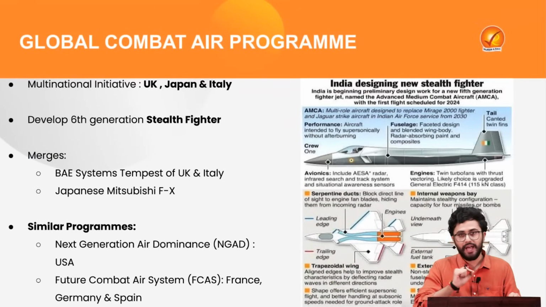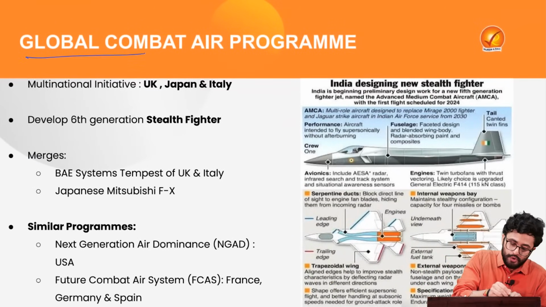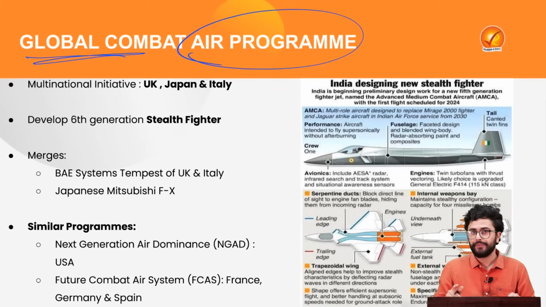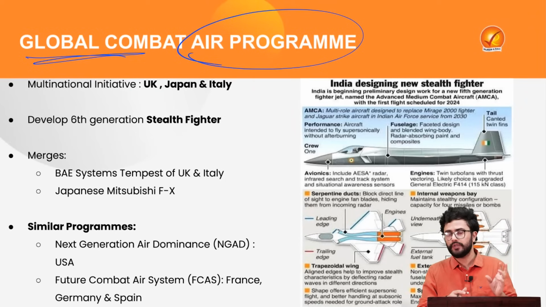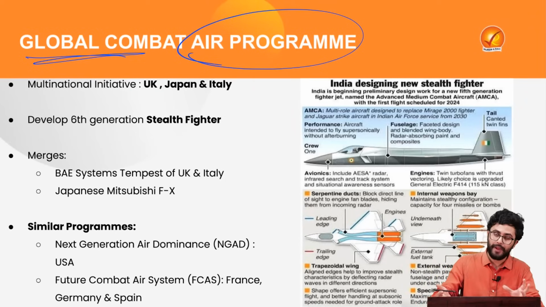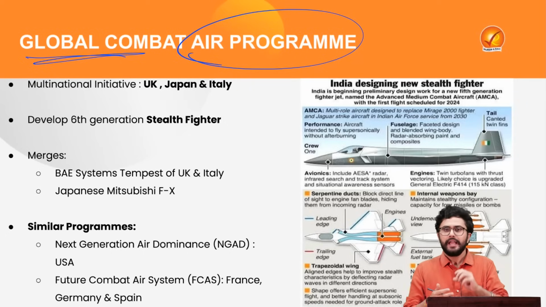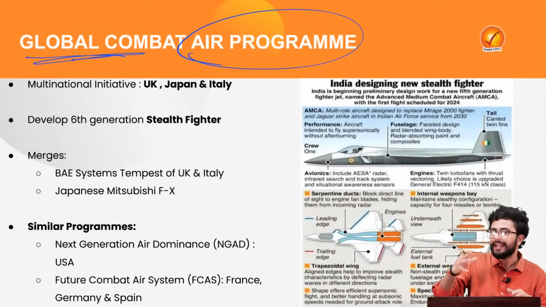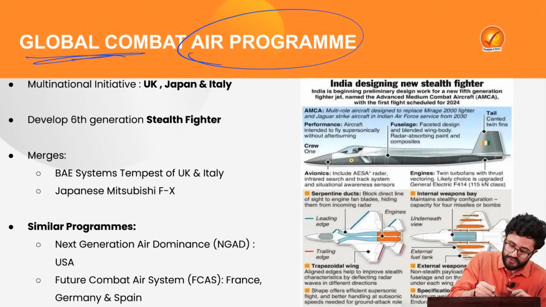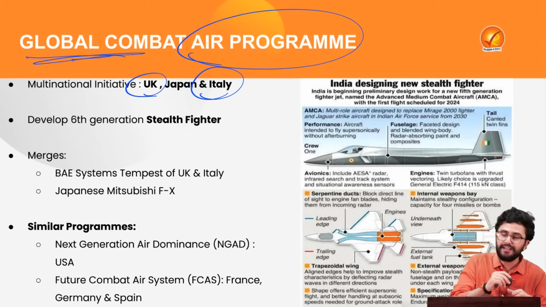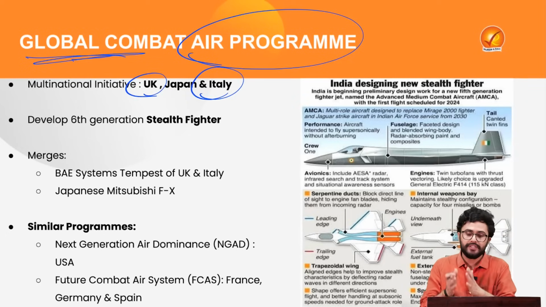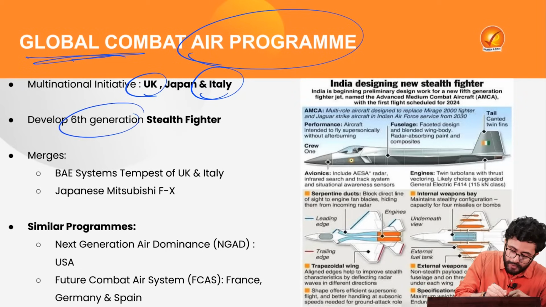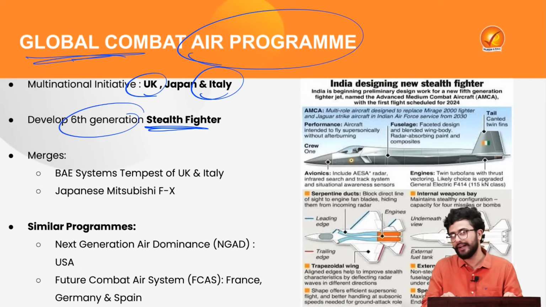We move forward to the last news, which talks about the Global Combat Air Program. Well, the article in the news actually covered the significant rise of Japan in the 21st century. It also throws light on a very important initiative taken by Japan, that is the Global Combat Air Program, along with other countries such as the United Kingdom and Italy, where these countries are trying to develop a 6th generation stealth fighter.